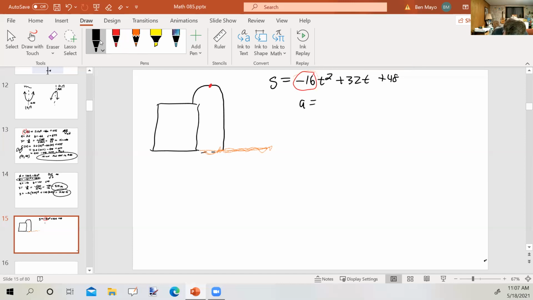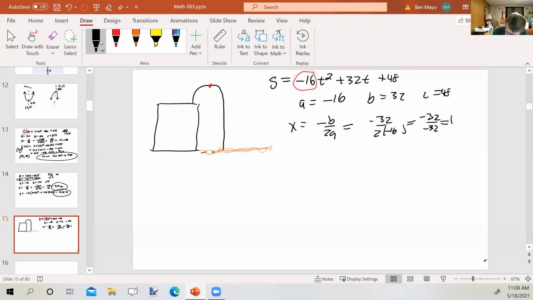Okay, so A is negative 16 and B is 32, C is 48, X equals negative B over 2A, negative 32 over 2 times negative 16, negative 32 over negative 32 is 1. Okay, so it takes 1 second for the ball from the time it's thrown to reach the maximum height.